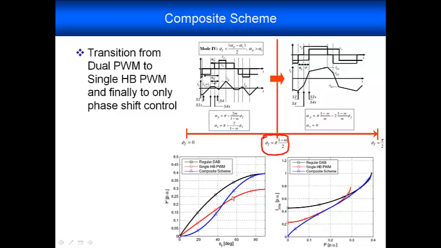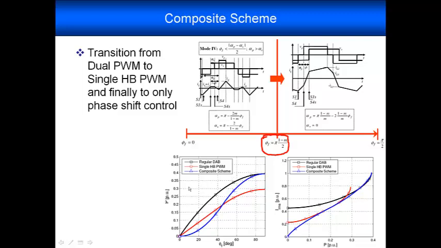And we can come up with a composite scheme which will have a seamless variation in alpha p and alpha s, starting from phi equal to 0 all the way up to phi equal to pi by 2.